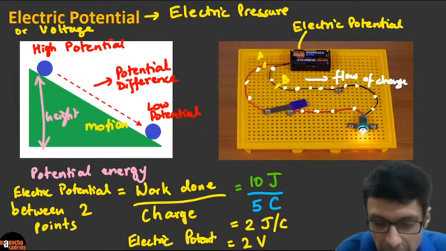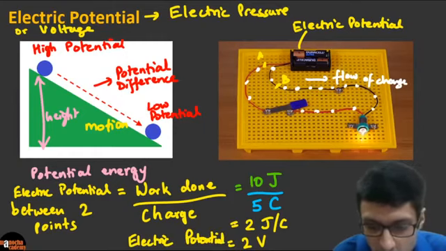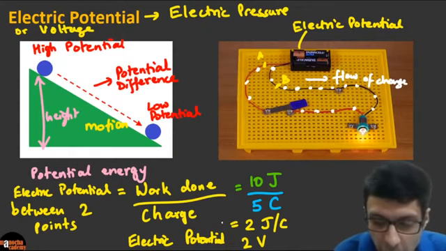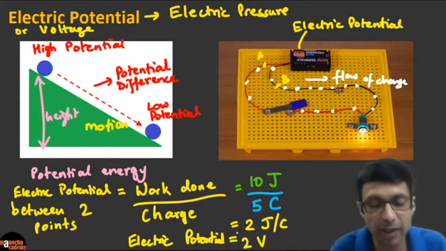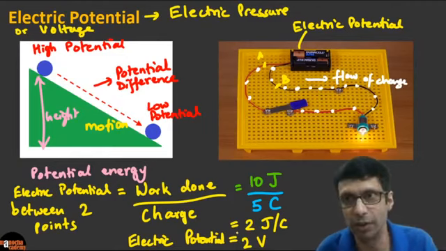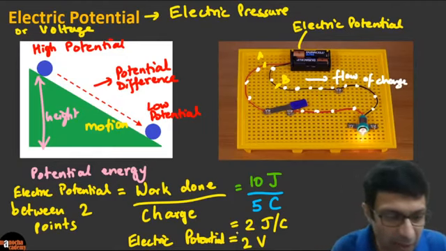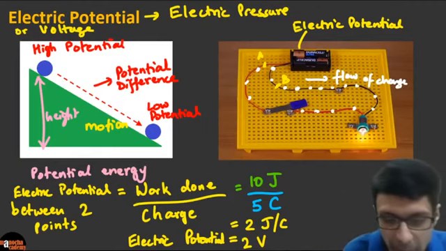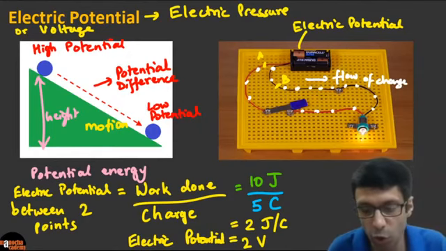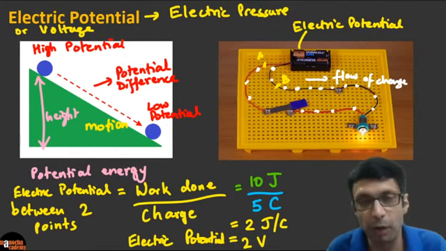So electric potential is equal to 2 volts here, because joule per coulomb, the SI unit, is basically volts. Clear? So that is the SI unit of electric potential. Joules per coulomb, and we have 10 joules per 5 coulombs.